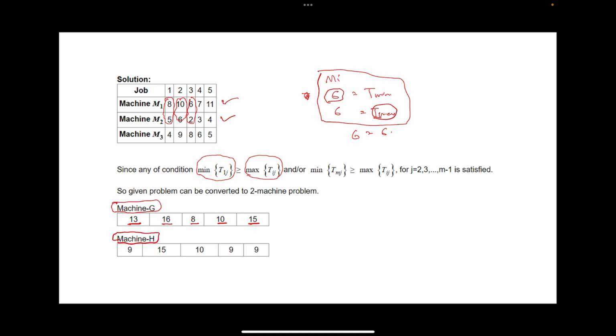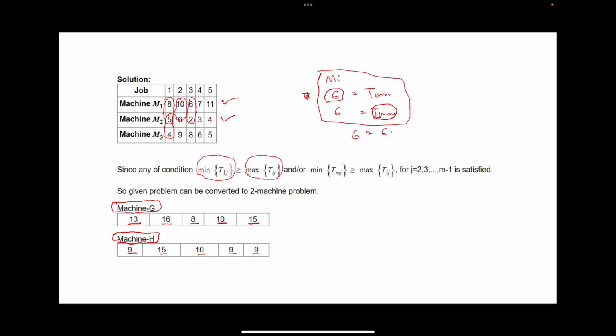So machine H is the sum of these two, that is 5 and 4, that is 9, then 6 plus 9 is 15, 2 plus 8 is 10, 3 plus 6 is 9, and 4 plus 5 is 9.